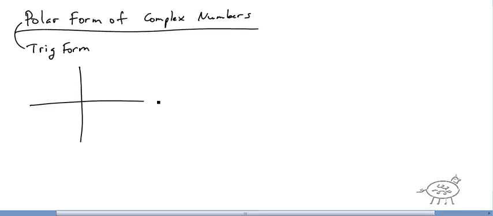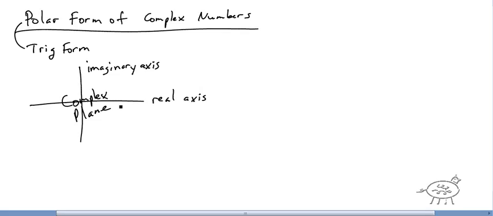Well, now we're going to have our real axis and our imaginary axis. And this whole thing is called the complex plane, because it's a complex number.